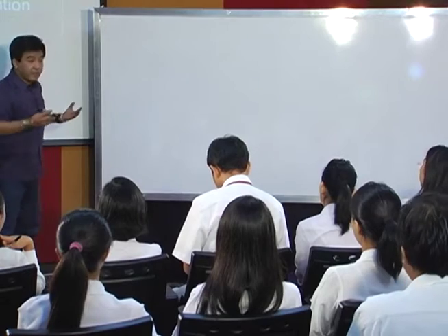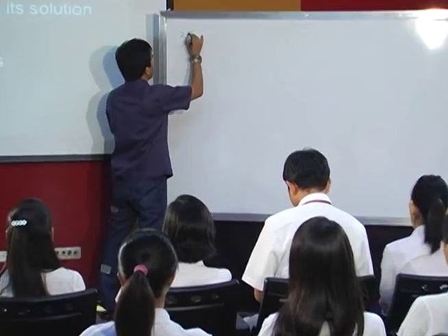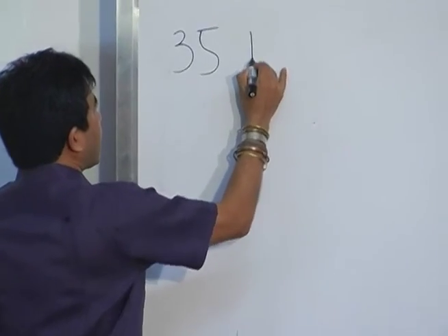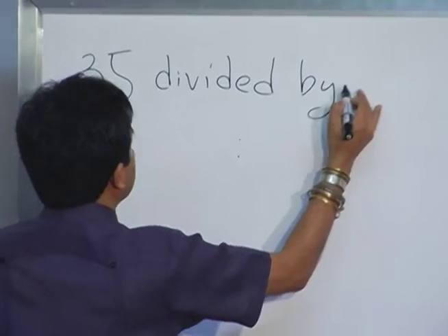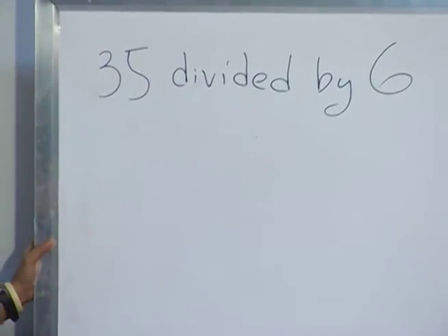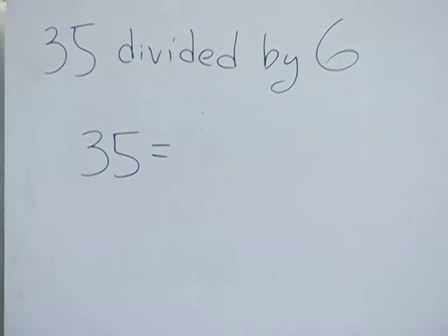When we divide two numbers, let's say, let's divide 35 by 6. What do we do? How many 6s are in 35? There are 5 6s.